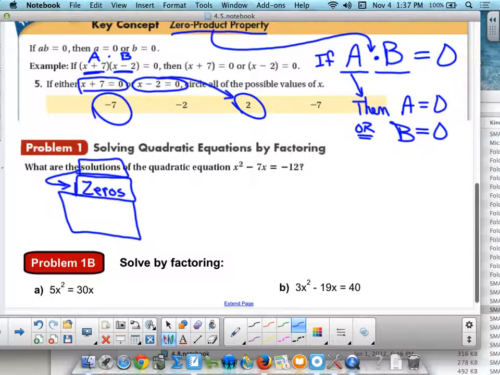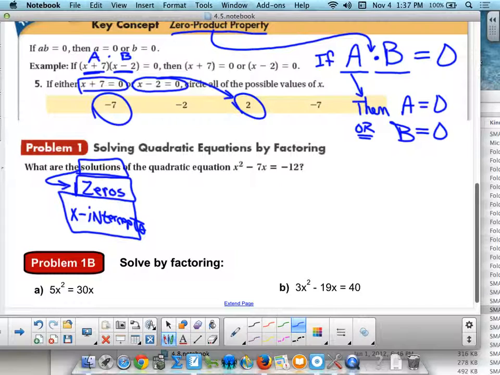There's another name that means zeros and solutions. X-intercept. Think of the graph, x-intercepts. So x-intercepts, zeros, solutions, they're all the same thing.